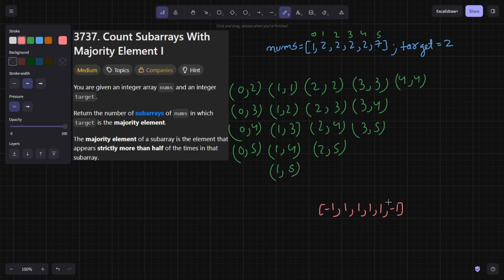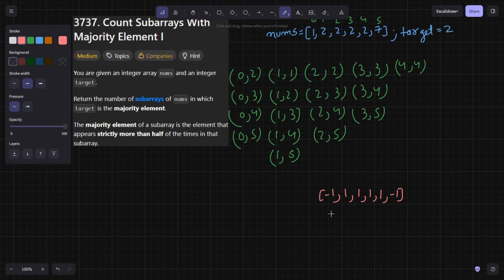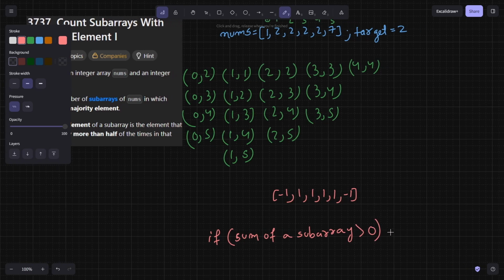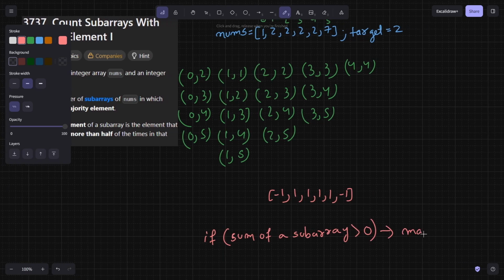And how we are going to calculate this is, the sum of a subarray should be greater than 0 for that subarray to become a majority subarray, a subarray of the majority element.